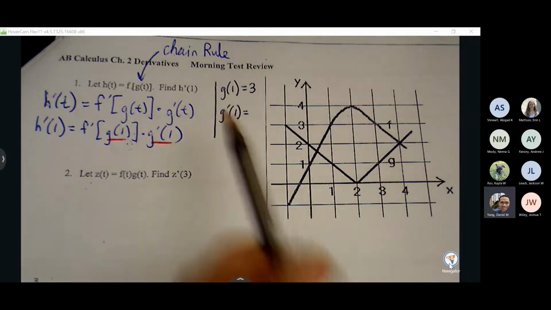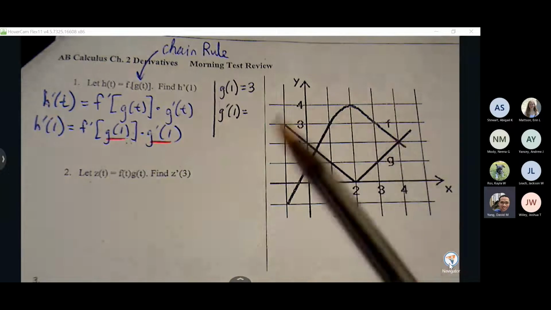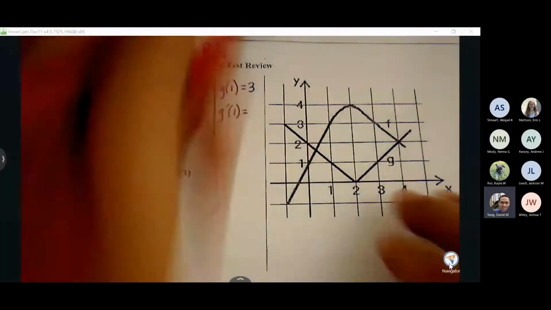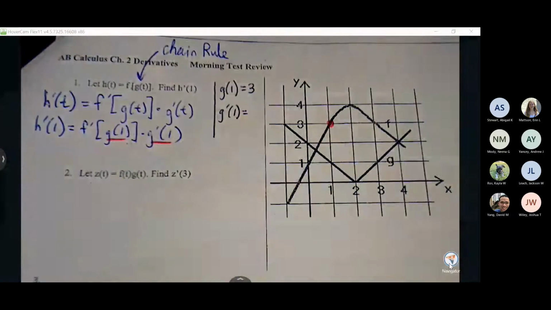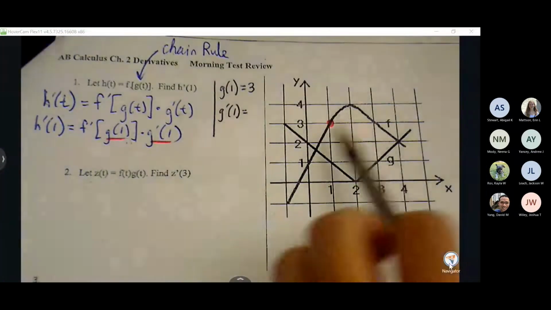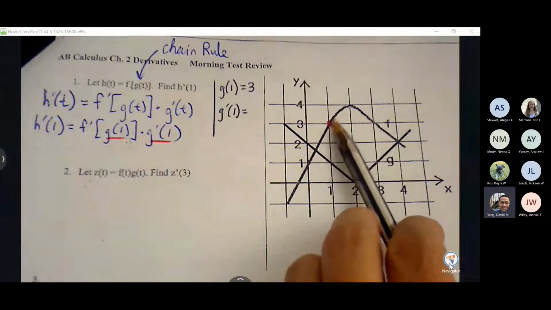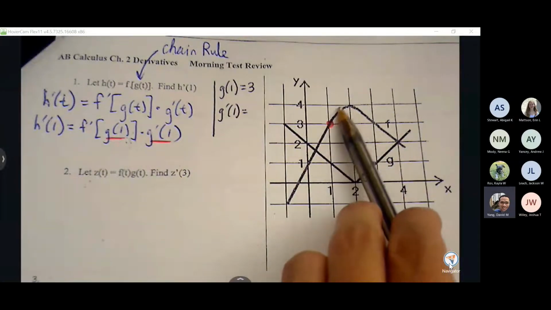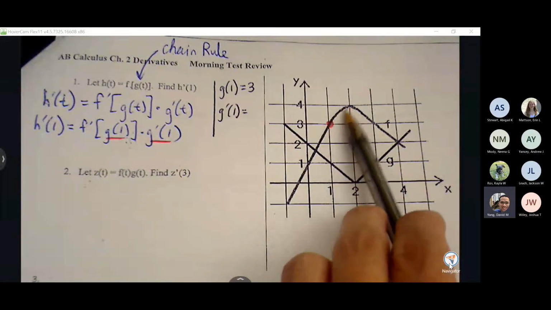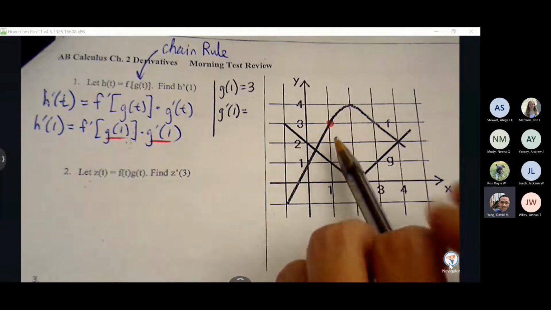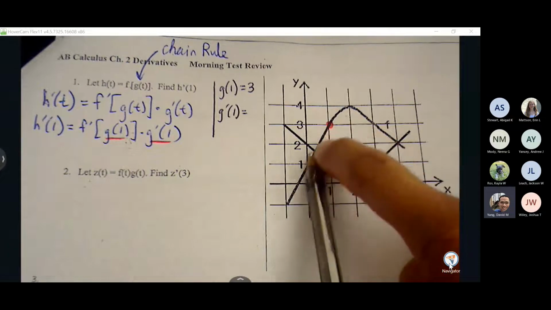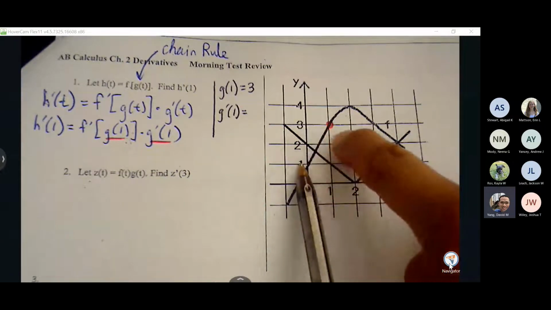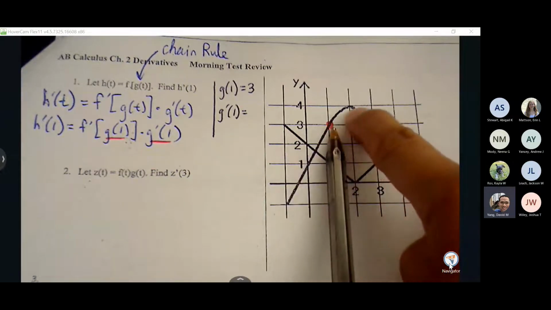G prime of 1 is whatever the slope of this point is on this graph. So I'm looking between this point and this point, and I'm seeing that it looks like it's a slope of 1, but it is kind of confusing because on either side of this point, it looks like a slope 2 on one side and the slope 1 on the other side.